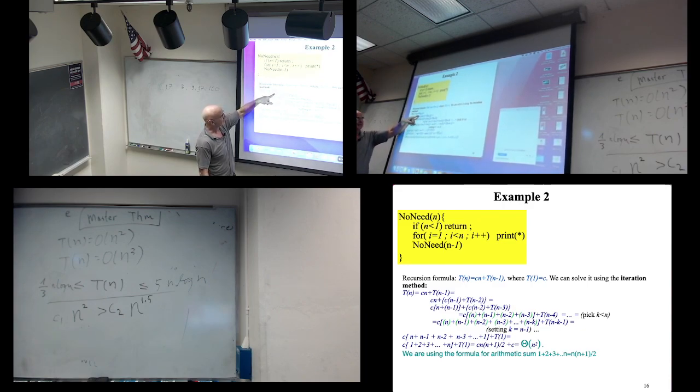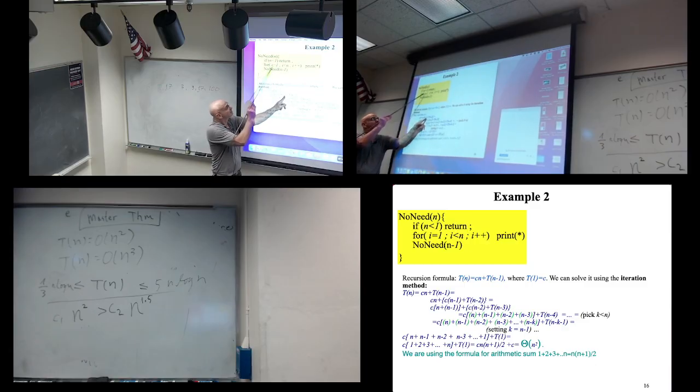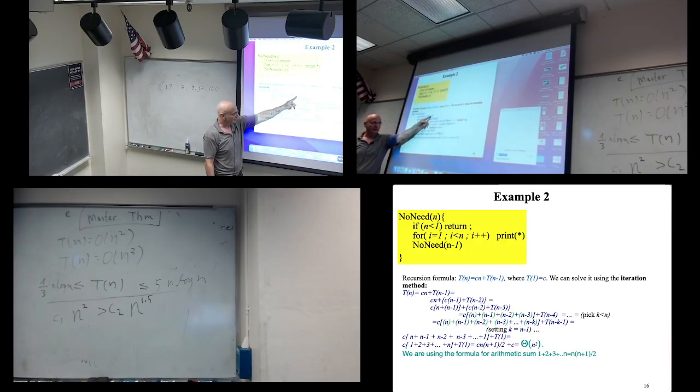Let's reiterate. What is Q of n minus 1? It's constant times n, but now I'm just running up to n minus 1. So it's constant times n minus 1 plus Q of n minus 2. What is Q of n minus 2? Constant times n minus 2 plus Q of n minus 3. What happens k steps into this recursion?